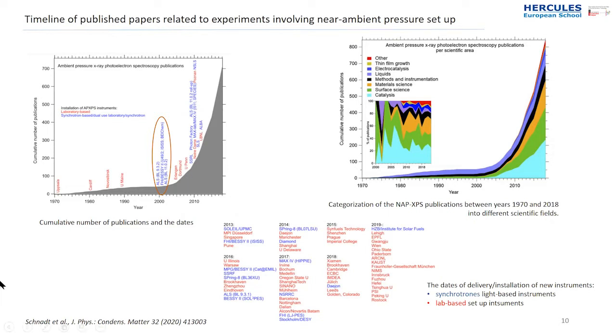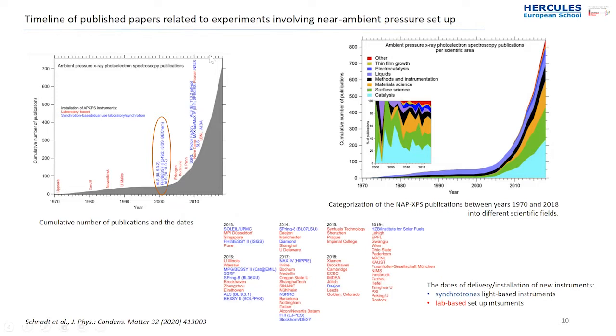And this is the cumulative number of papers that are dealing with near ambient pressure. This is an estimation, because not every paper dealing with this technique uses NAP-XPS or APXPS, ambient pressure XPS, in the keywords. But let's say it's more or less correct.